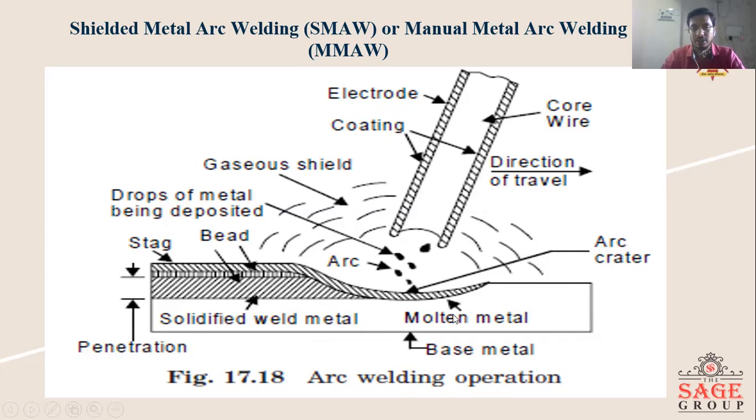Here an arc is produced by the electric supply with the help of the electrode as well as the base metal, and the electrode is coated by the flux so that a shielding gas or shielded arc pool is generated to protect the arc from the oxygen of the atmospheric air, right? So this is the arc welding operation.